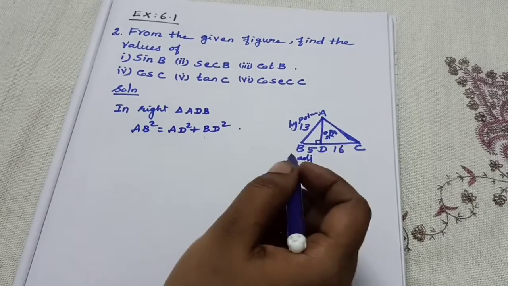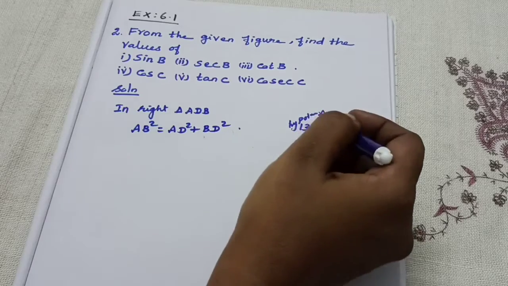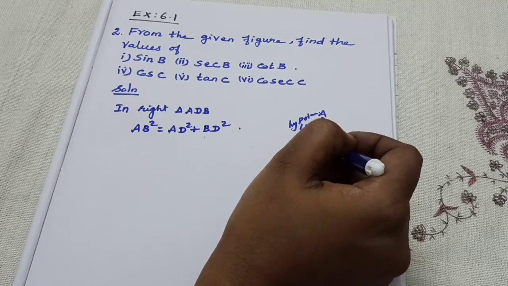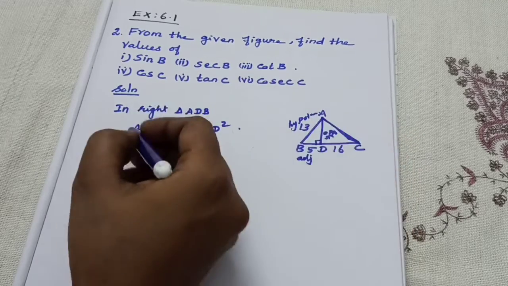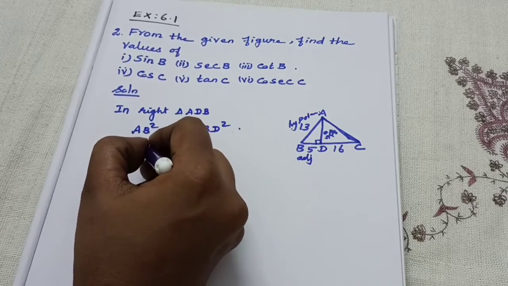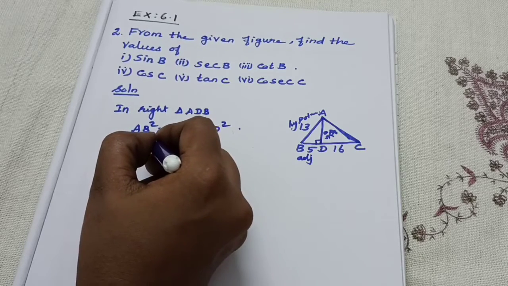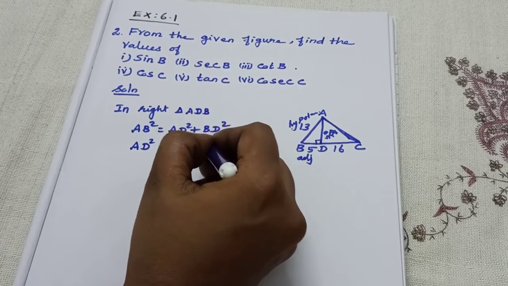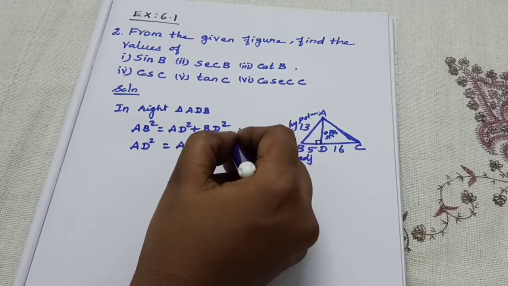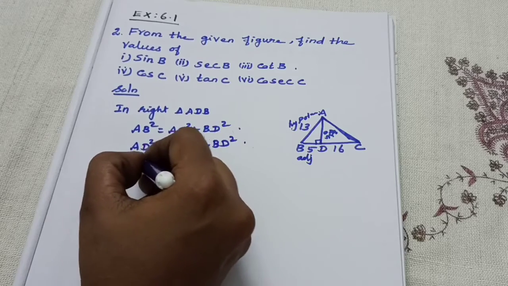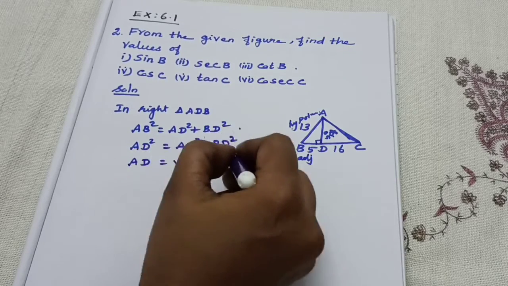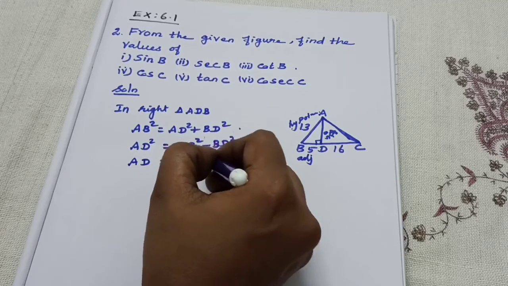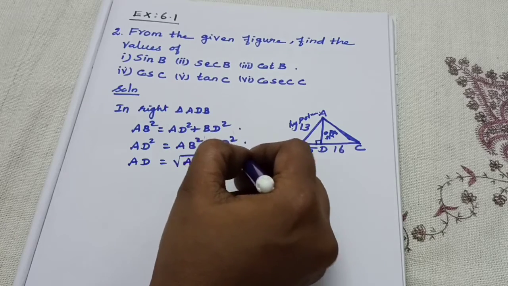Then we want to find which one? AD square we need. AD value we need, isn't it? So AD first we have to write. Then AD square is equal to AB square minus BD square. Therefore AD is equal to square root of AB square minus BD square.